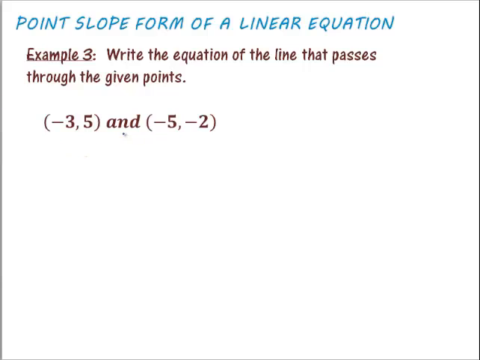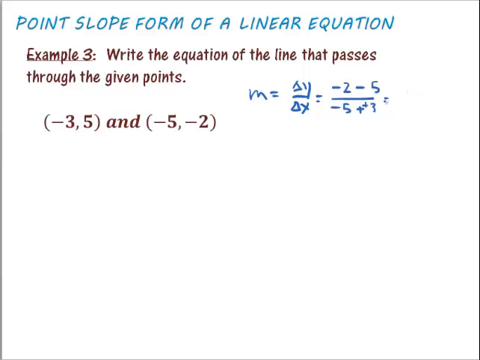So I don't have the slope, but I do have 2 points. If you remember slope, that's the change in y over the change in x. Alright? So I'll subtract the y's. I'll do negative 2, that's y2, subtract 5, over negative 5, subtract a negative 3, which turns into adding a 3.